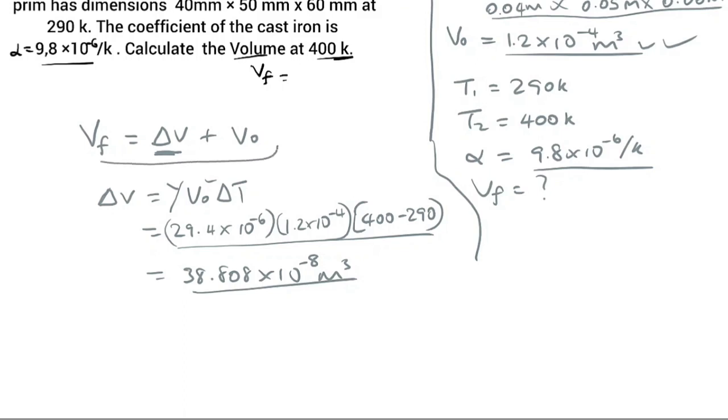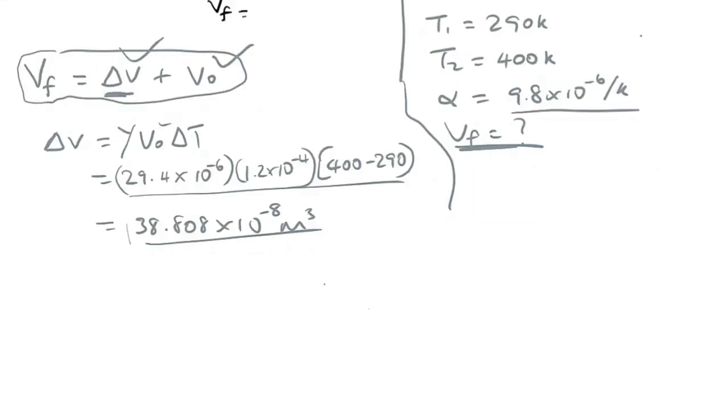Now we come back to this formula, because we have the initial volume, which is the original, and we found the change in volume. That means we can find the final volume at this temperature. We take this change in volume and add it to the original volume. So let us find the final volume.